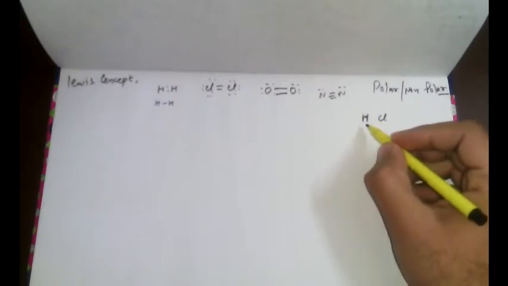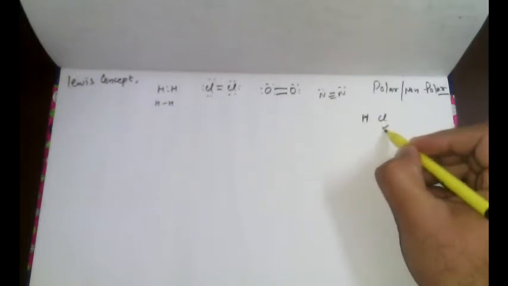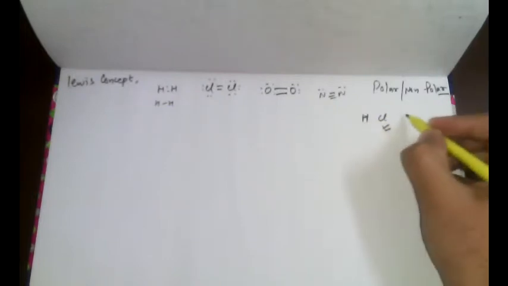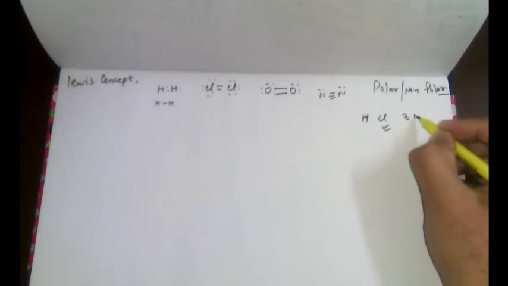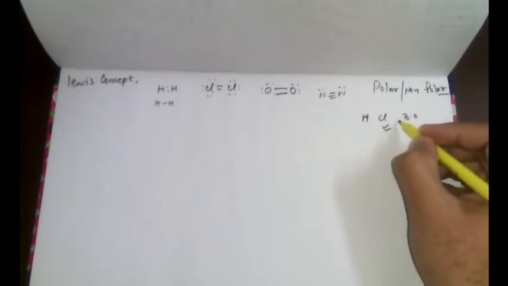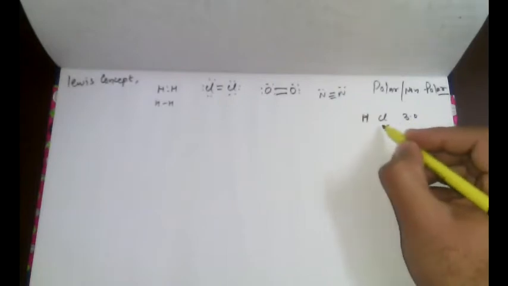For example, in the hydrogen chloride molecule, chlorine has the greater electronegativity, about 3.0, and will have greater control over the electron pair as compared to hydrogen.